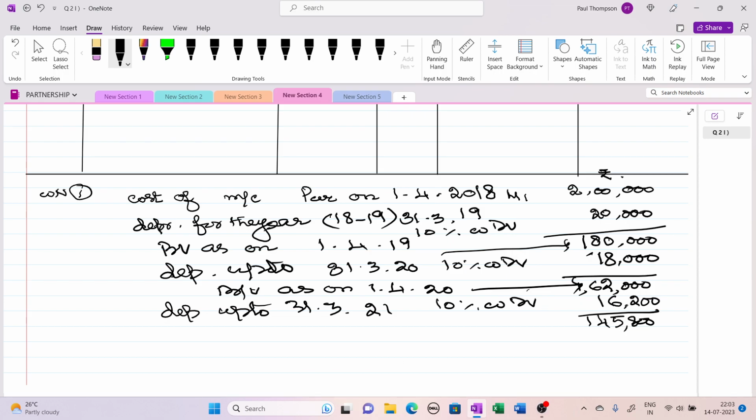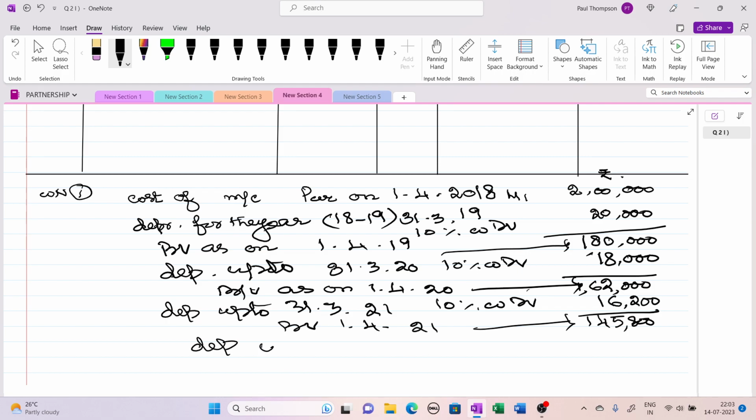So up to this we have to take it to that provision. We will do it fully. So this is the book value as on 1/4/21. The book value of machinery is 1,45,800.